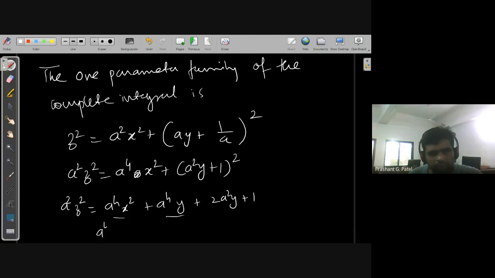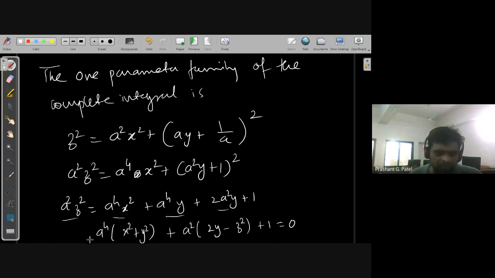So we'll have a power 4 into x square plus y square, plus a square will be common out from these two, so it is a square into 2y minus z square, plus 1 equal to 0. We'll differentiate this with respect to a square.